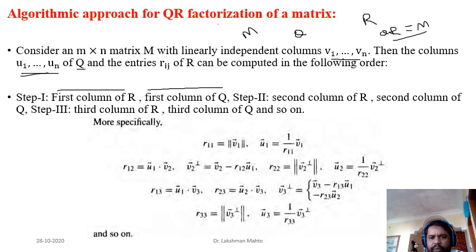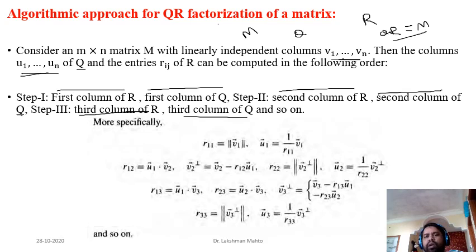In step 2, we will find the second column of R, that means of the change of basis matrix. In that process we will get the second column of Q as well. In the third step, similarly we will find the third column of R, and in that process we will get the third column of the orthogonal matrix Q, and so on.